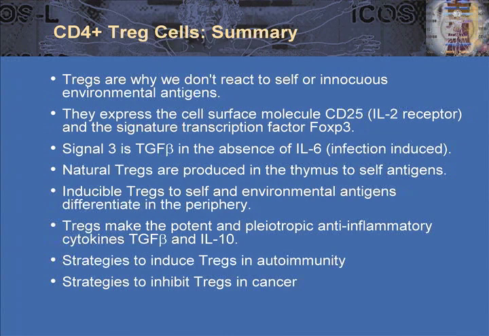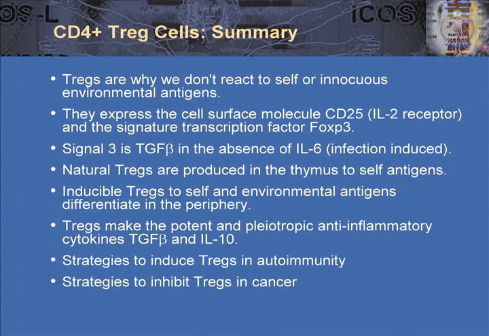So in summary, what are CD4 positive Treg cells? These are the cells that are responsible for why we don't react to self-antigens or innocuous environmental antigens. They express the cell surface molecule CD25, which is the interleukin-2 receptor, which causes T cells to proliferate, and they express the signature transcription factor FOXP3.